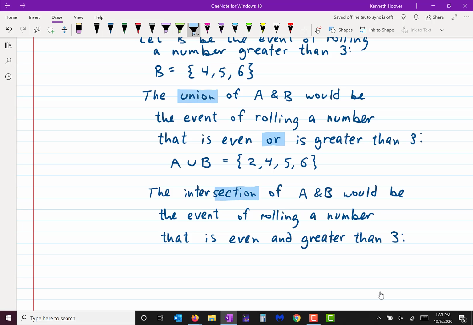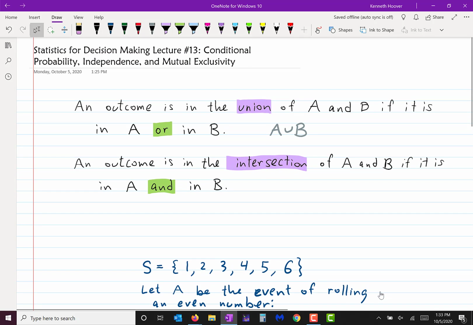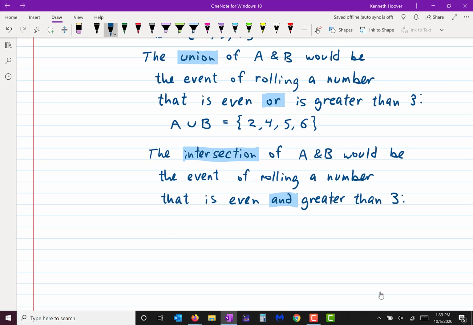Intersection and go together. Oh, I forgot to show you the symbol for intersection of A and B is this. So in this example then, we would say the intersection of A and B is the set of outcomes that are even and greater than 3. So that would just have 4 and 6 in it.